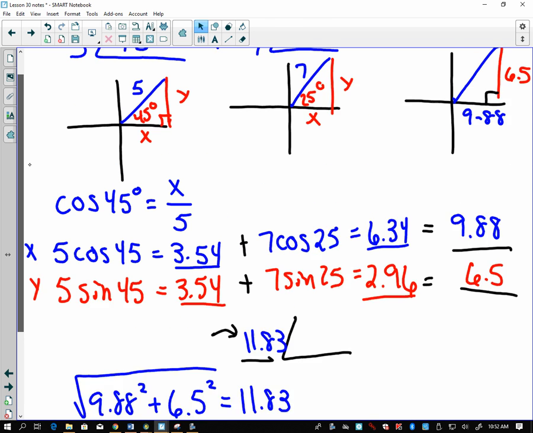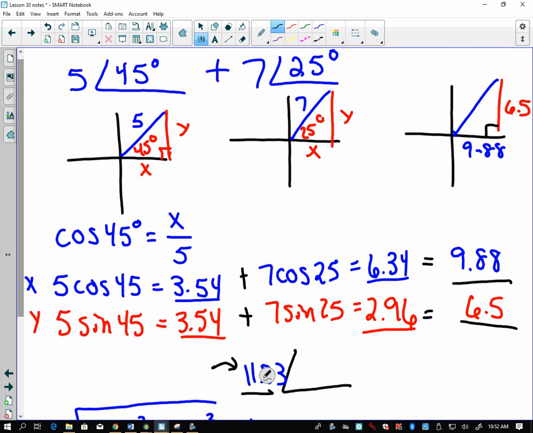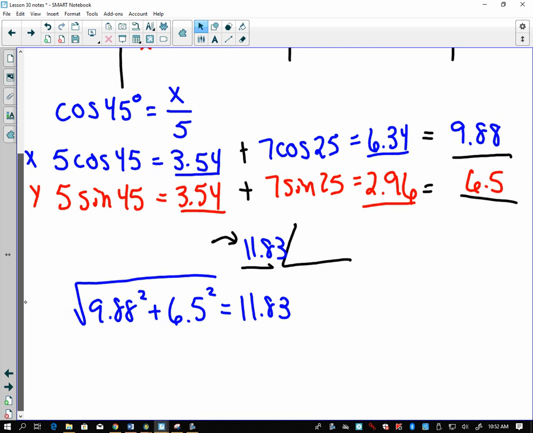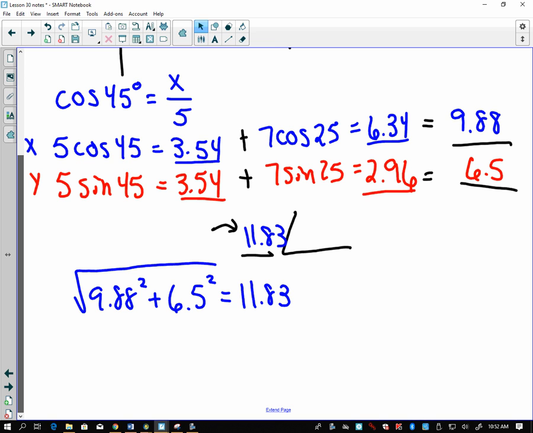So we know from back up here that this is 11.83, correct? Now inverse tangent, okay, to get this right here. So that's giving me my degree. So inverse tangent. Tangent is opposite over adjacent.